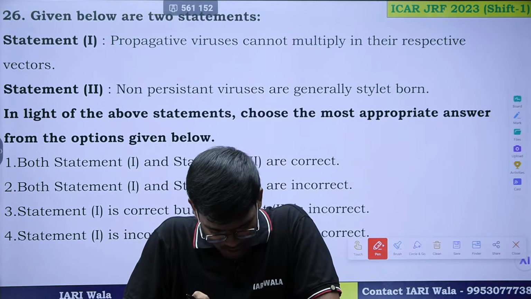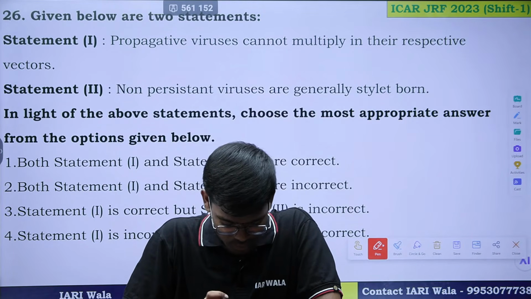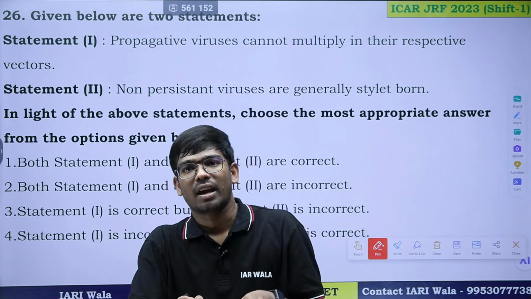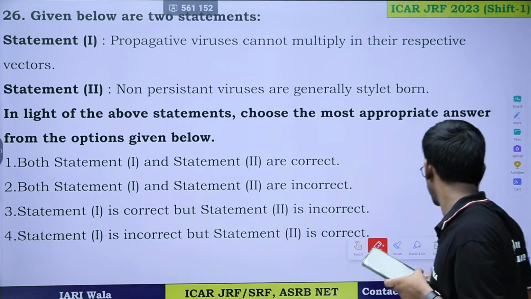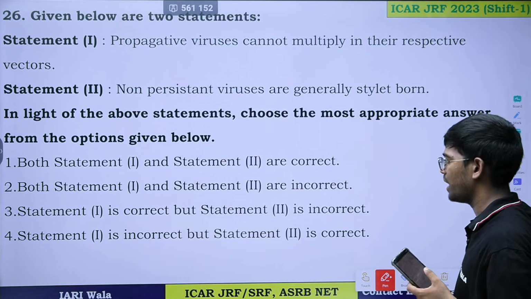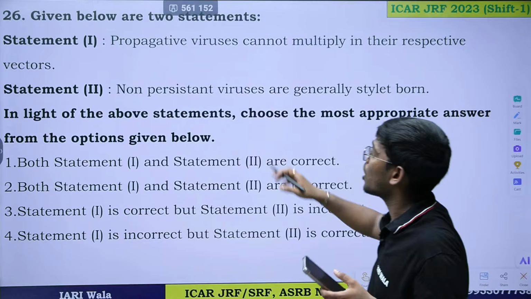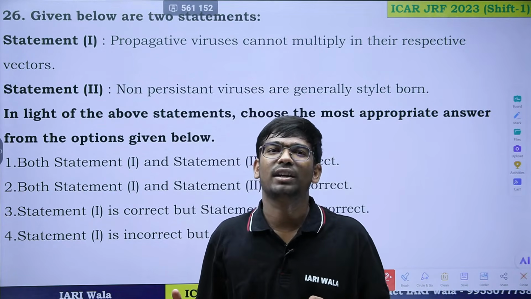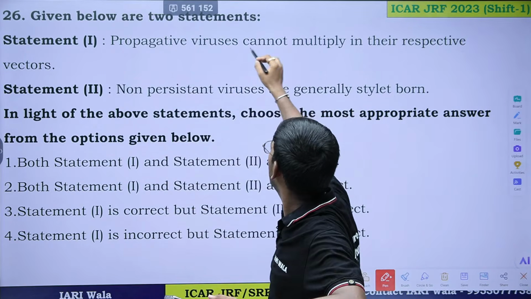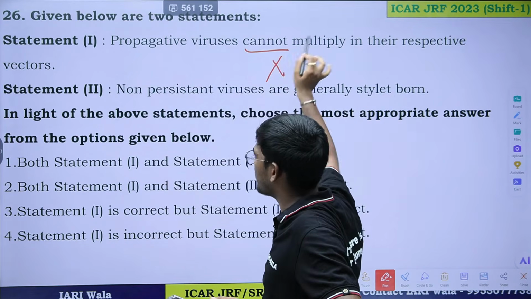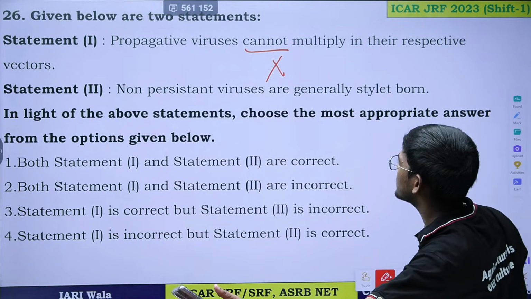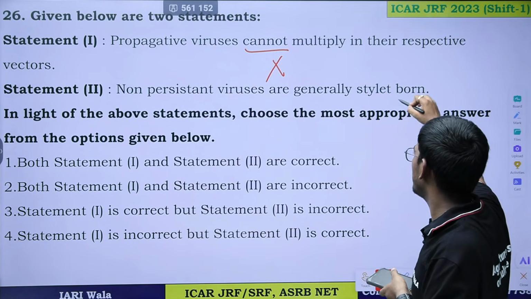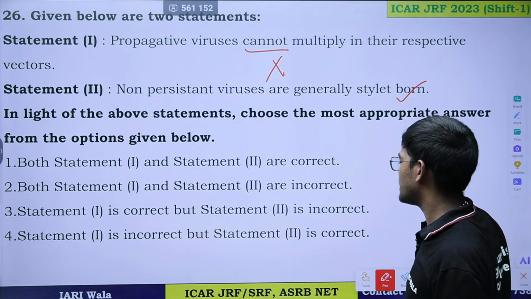Some students, Neil Patel, Gaming Confident, and Anchal Gupta, gave option 4. Statement 1 is incorrect, but statement 2 is correct. Yes, the name propagative itself tells it will multiply in its vector host. Here they have given cannot, so this statement is wrong. And statement 2, non-persistent viruses are generally stylet borne, is correct. So statement 1 is incorrect and statement 2 is correct.